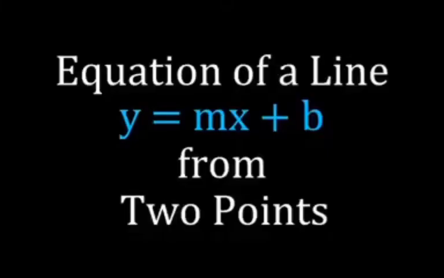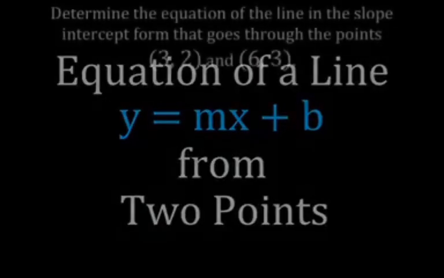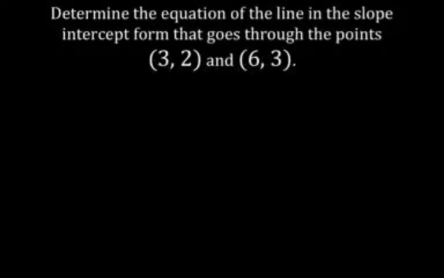Yes, today we're looking at equation of a line from 2 points when the coordinates of 2 points are given. So let's quickly take an example. Given these 2 points, 3, 2 and 6, 3, we want to find the equation of a straight line.